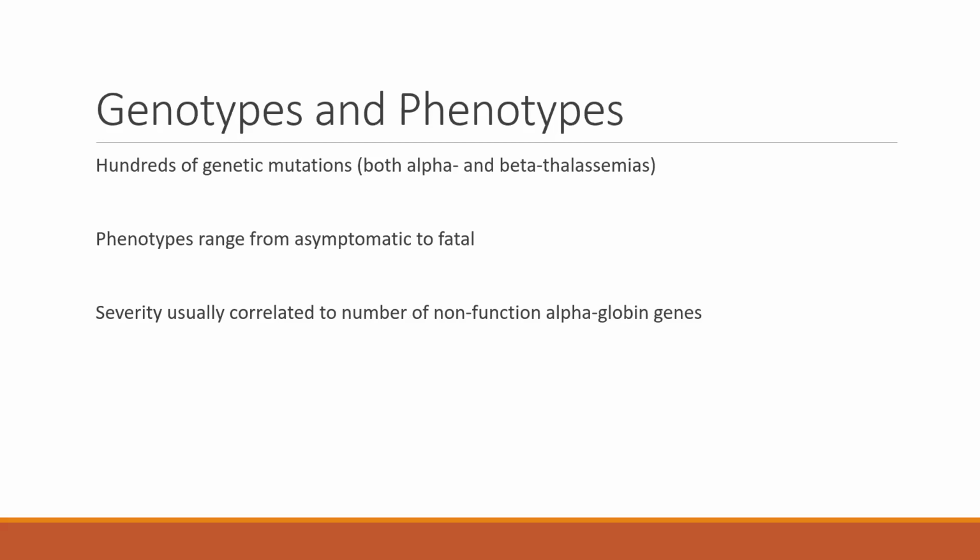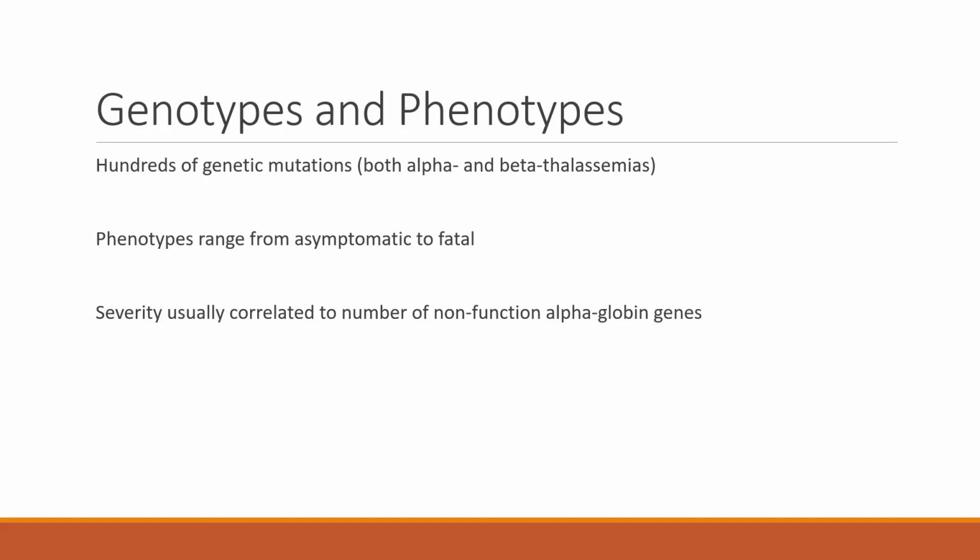So I'd mentioned genotypes and phenotypes. For the genotypes, there are literally hundreds of genetic mutations for both the alpha and the beta thalassemias combined. Depending on the type, the severity correlates to the clinical manifestations of the patients.